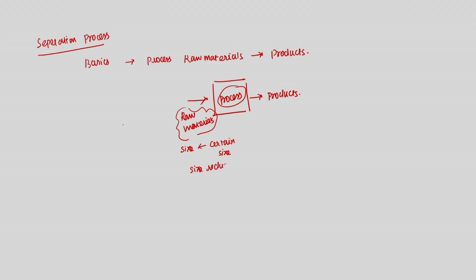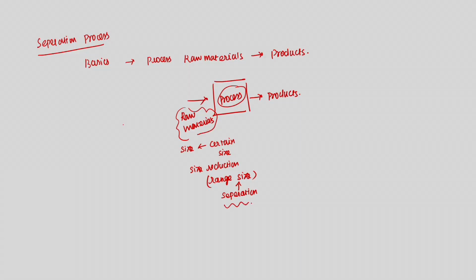After size reduction I do not require a certain size of raw material, I need a certain range of sizes. So, in that case I would go for a separation process, to select the size range of the raw materials which will be further fed into the process. In that case separation is employed in the upstream of the process.